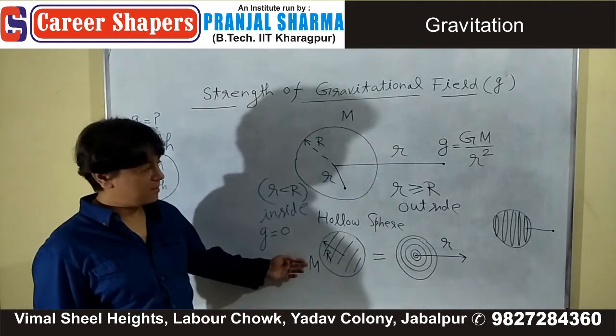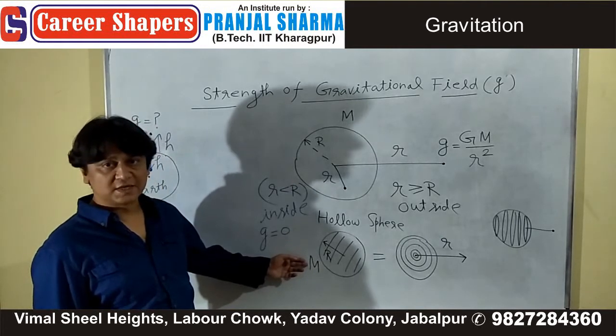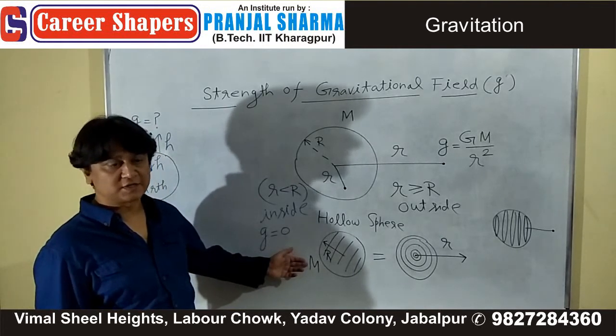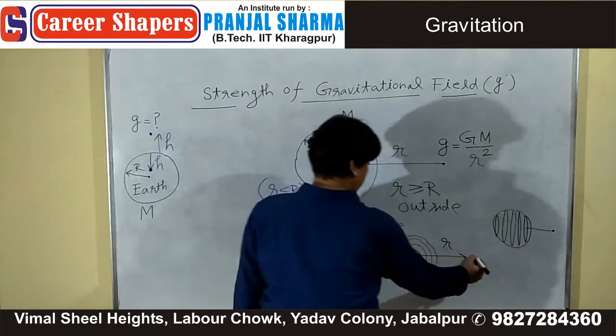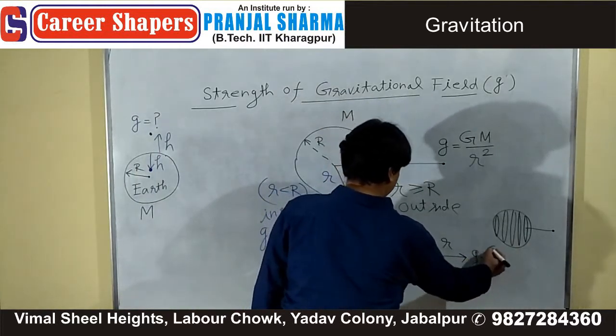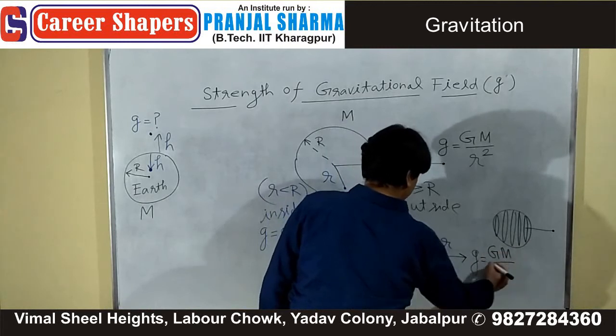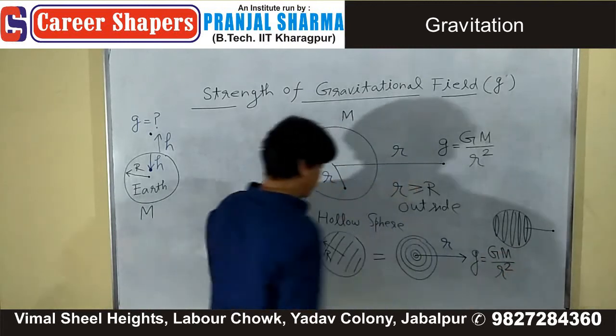If total mass is m, then what is the gravitational field of a point mass at a distance of r? At a distance of r, the gravitational field is what? Gm by r square.